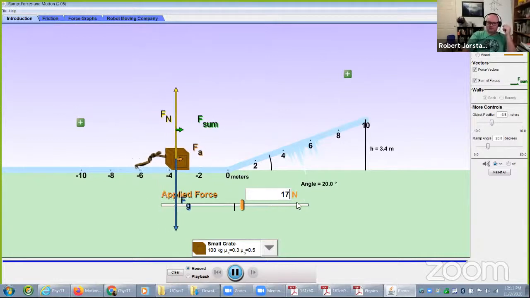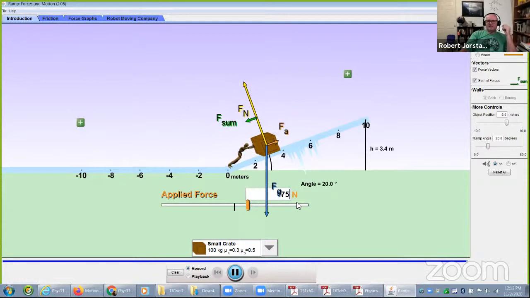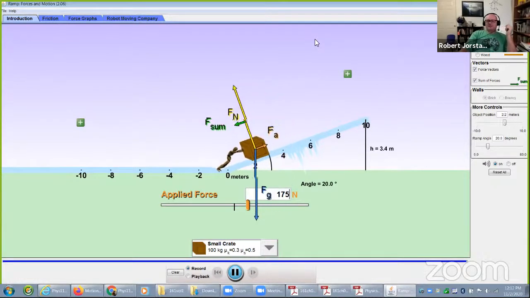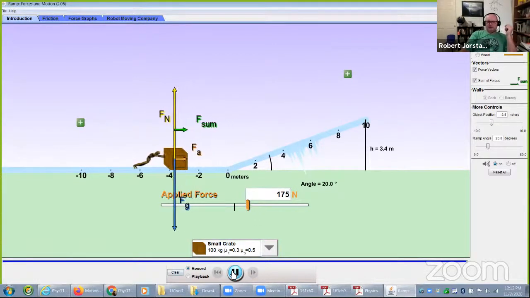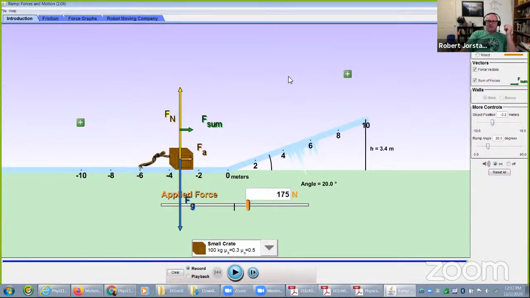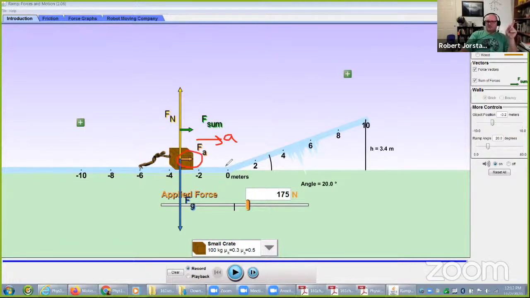Let's make this 175. So the idea here is when it's trying to go up the hill, now let's start right here. In this case, think carefully now. This is the direction it's accelerating at this instant in time, because there's nothing to oppose this horizontal force. Now watch what happens as this thing goes up the ramp. Watch the gravitational force. In particular, does the gravitational force change? Watch it.